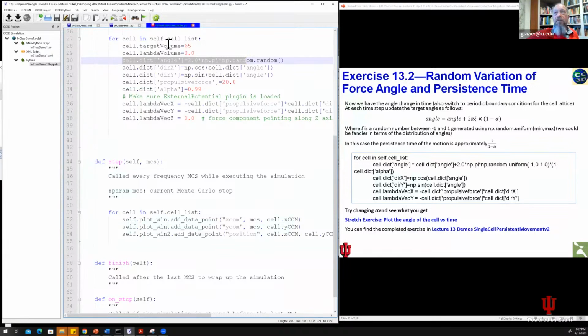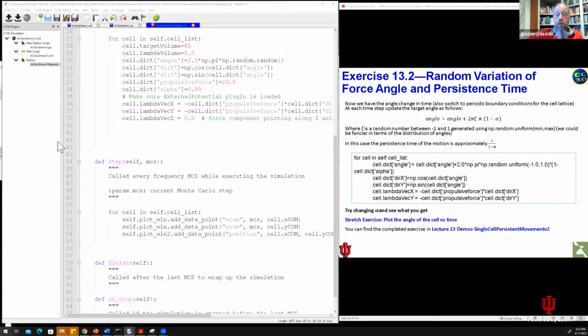Again, you can cut and paste lines 30, 31, 32, 36, and 37. And then all you have to do is edit the pasted version of line 30 so that you're keeping track not of changing the angle directly, but incrementing or decrementing it. That's why I use this random uniform to pick a random number between -1 and 1, because I want the angle to be able to go up or down.